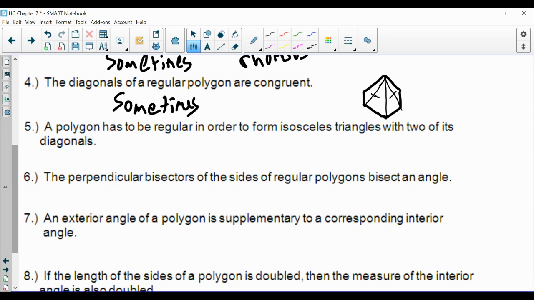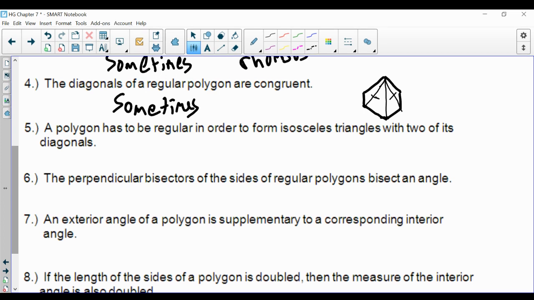Number 5, a polygon has to be regular in order to form isosceles triangles with two of its diagonals. Again, this is another one of those. This is sometimes true. Let's go pentagon.